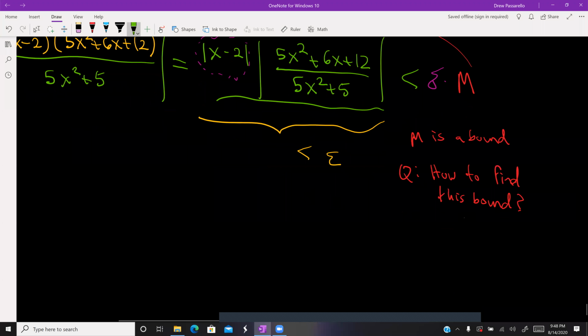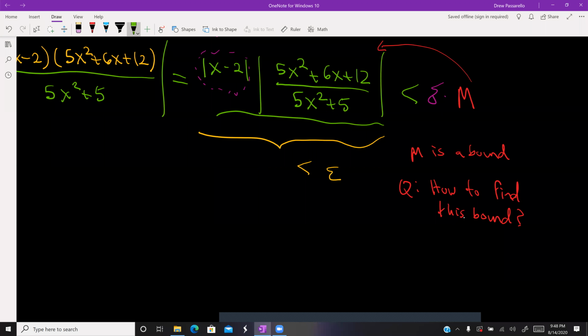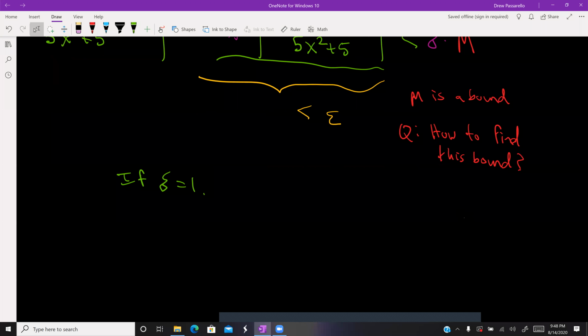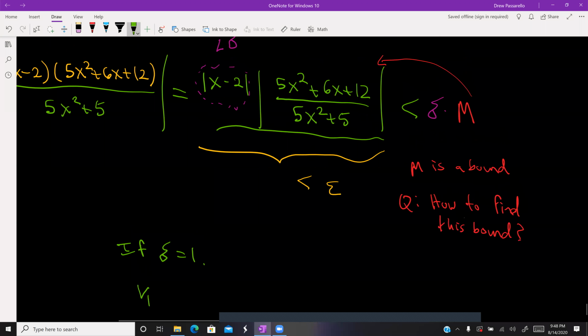All right, so let's see. If delta equals 1, remember that we're dealing with the limit being in a punctured delta neighborhood. So in this case, this is a delta 1 neighborhood around our x value as x approaches 2.